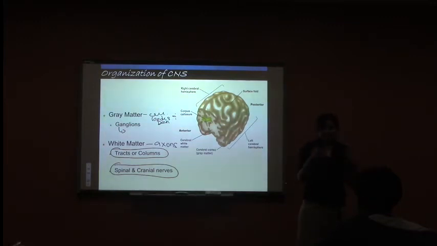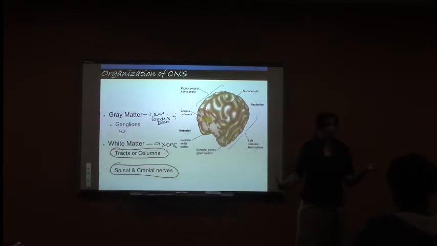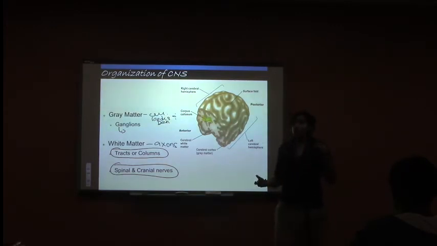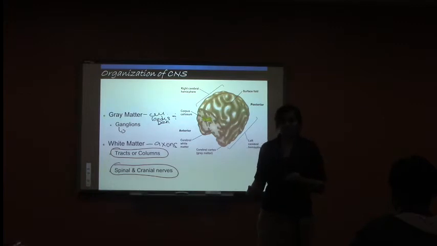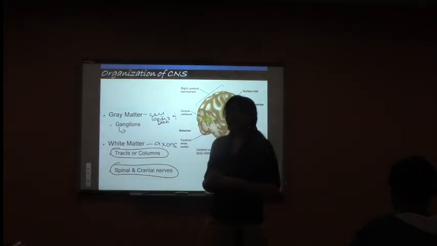Because the brain is made up of neurons, that's all it's made up of. But the peripheral nervous system is made up of multiple substances, right? It has so much stuff besides neurons. So anytime you find neuronal cell bodies in the peripheral nervous system, it's in a location called a ganglion.